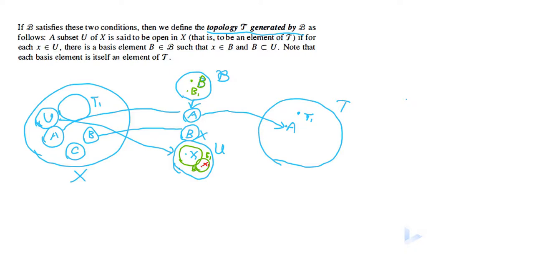Then we can say this U is open, and then we can put it inside this collection T. So that is how we can determine if a subset of X is an open set or not, and that's also the process of how we can build the topology, to generate the topology according to this basis.